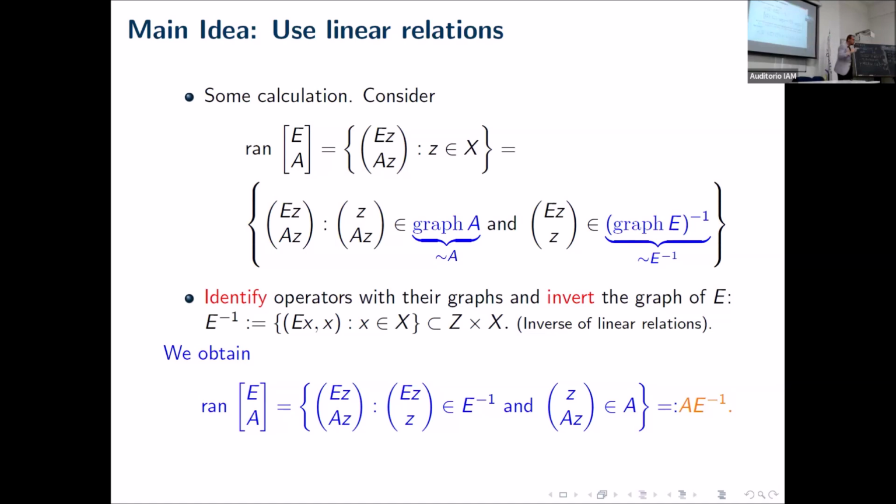But if we start to interpret it in the sense of linear relations, then we get this one. So this is a linear relation, and now we do spectral theory for this linear relation.